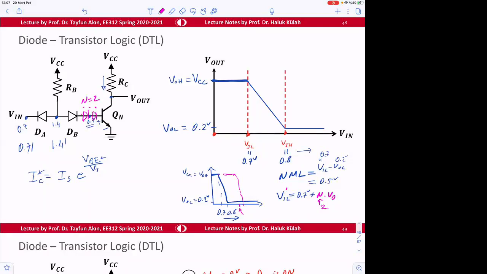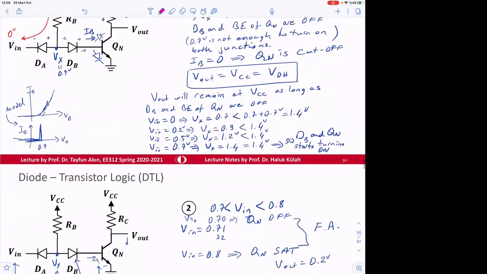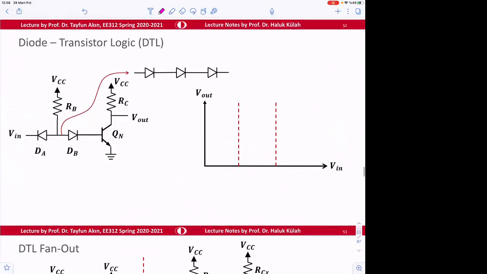This will be maybe 2.1, if N is equal to 2. Okay. So it is possible to get this thing. So it's sharp, the transition. It's a good thing, you know, we like sharp transitions.